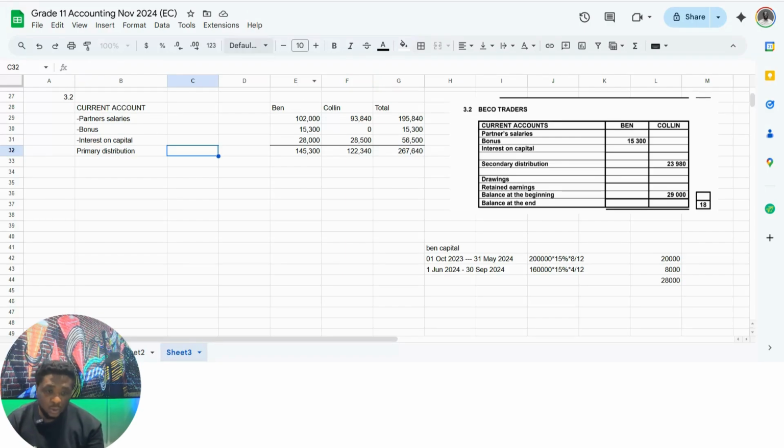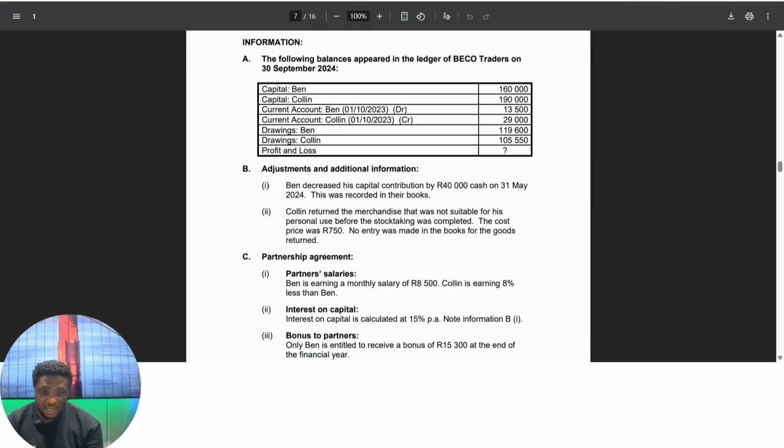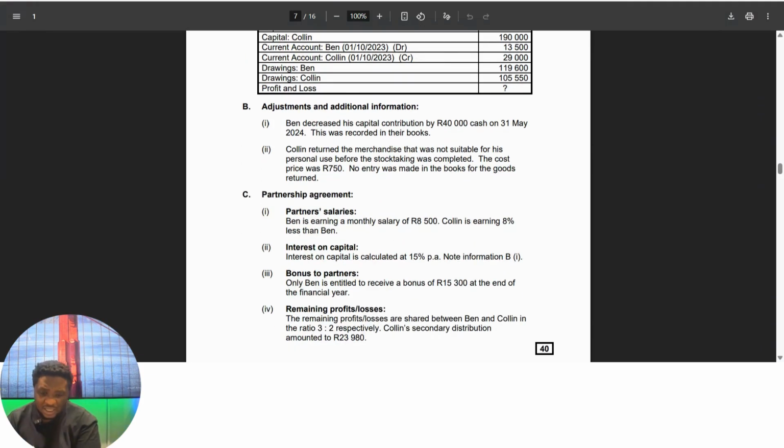Now the question is, well, how much is the profit itself, to see maybe if we're given any sort of profit? Well, let's see. It says the remaining profit or losses are shared between Ben and Colleen in the ratio 3 to 2 respectively. And then it says that Colleen's secondary distribution amounted to 23,980.